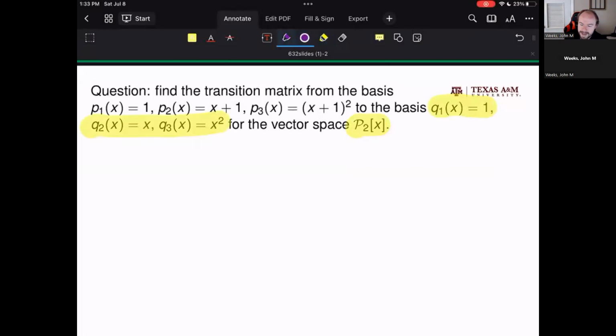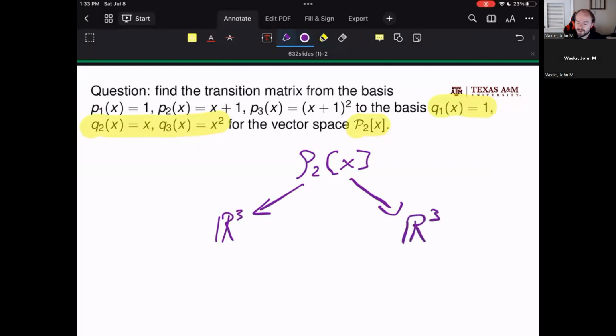All right, so we have our map here. This is P2 of x right here. We have a way of writing P2 in terms of coordinates in two different ways. One way is to write it in terms of R3, in terms of its standard coordinate mapping, which is on the right-hand side.